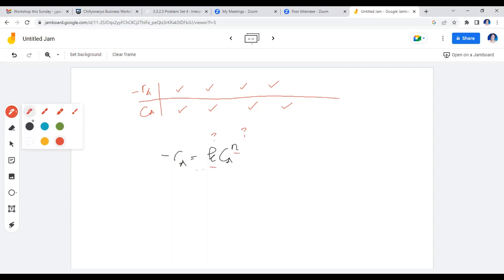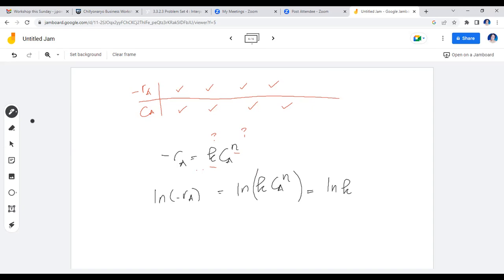But if you linearize this equation, you take the ln of both sides. You have ln of K C sub A raised to n. And based on the properties of ln, I'll rearrange, this n can be written before here. So you will have ln of the rate equal to n ln of CA plus ln of K.